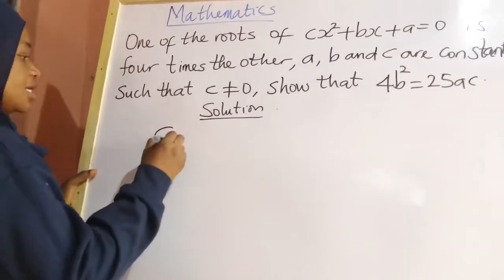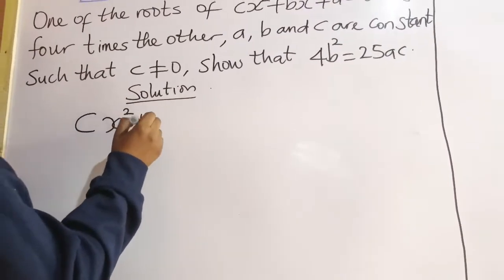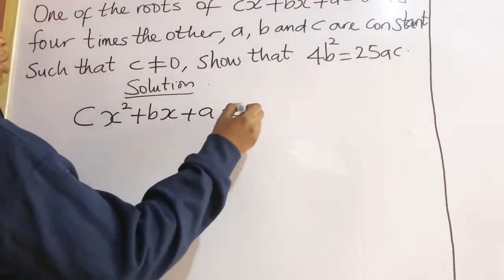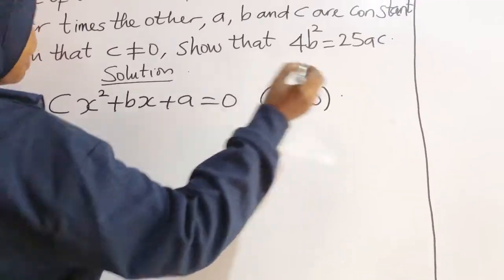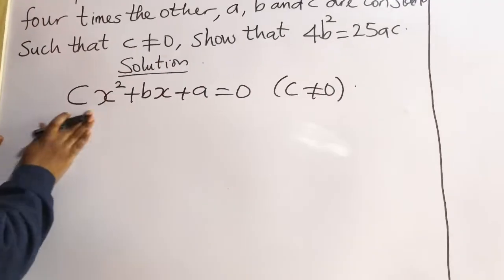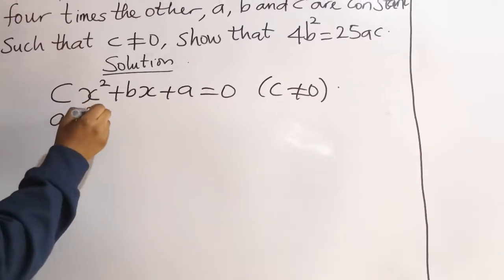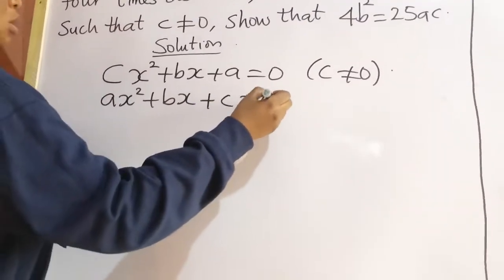Now here is the quadratic equation, cx squared plus bx plus a is equal to 0, where c is not equal to 0. Now from here we have to compare it with ax squared plus bx plus c is equal to 0.